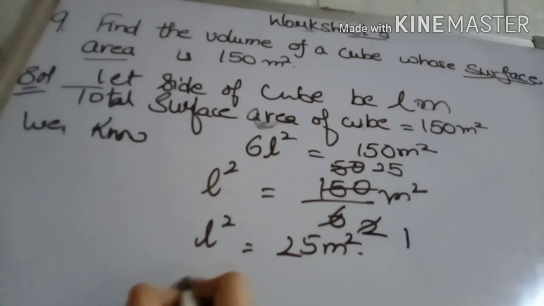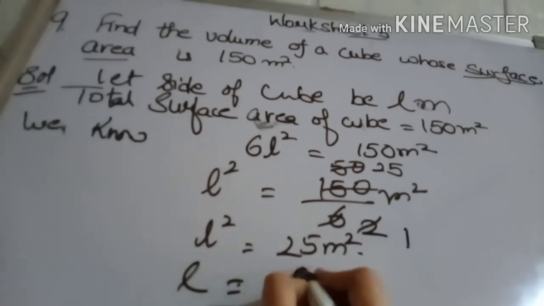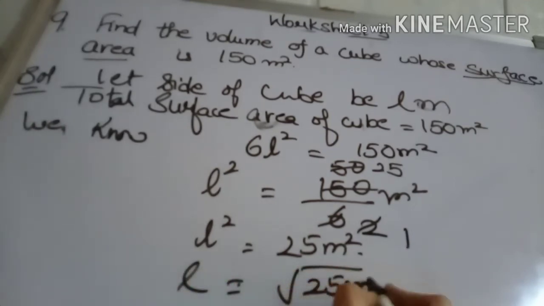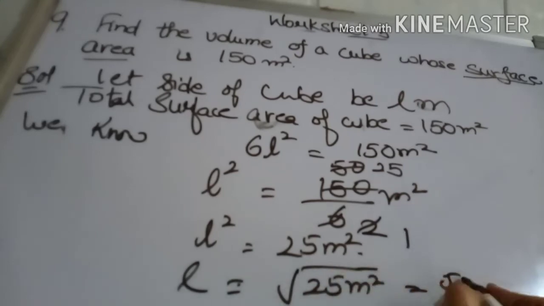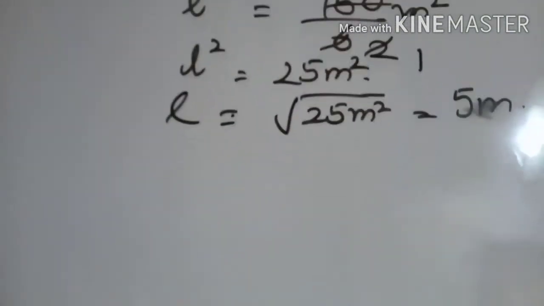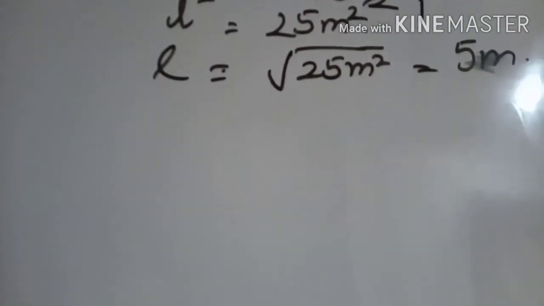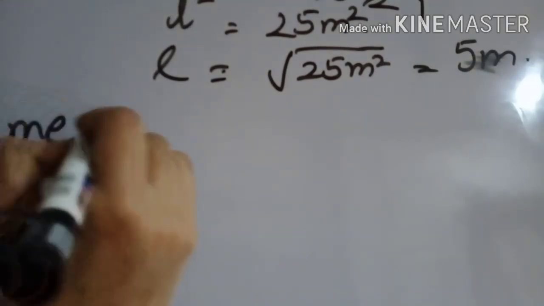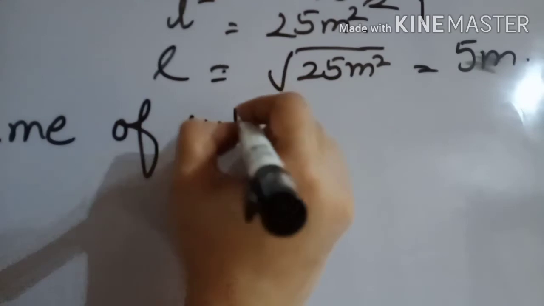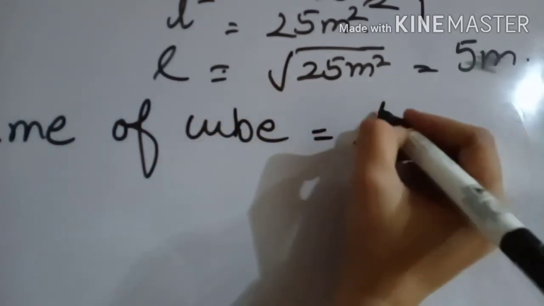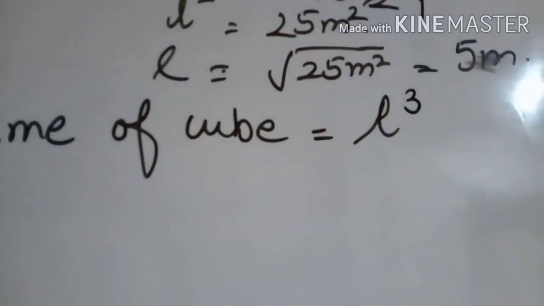So what will be the L? Means the edge of the cube, square root of 25, that is 5 meter. Now you get the edge of the cube, that is 5 meter. You have to find the volume of the cube. Very well you know the formula for the volume of a cube. Volume of cube is L cube.